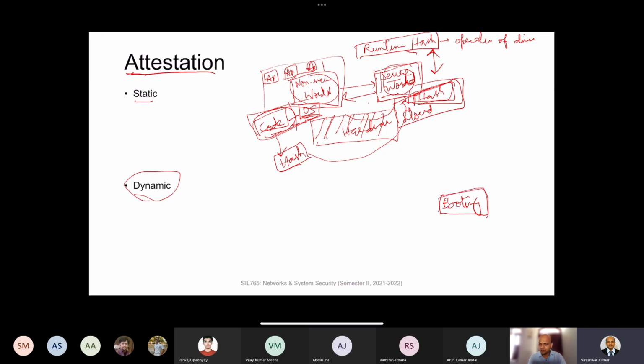Remember, this is a separate operating system which is running. So this operating system running in the secure world can boot first.